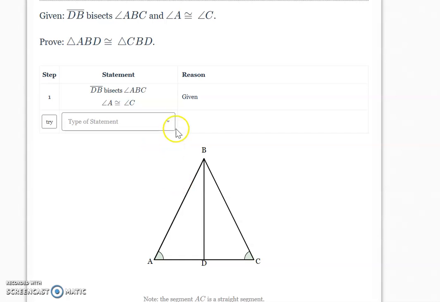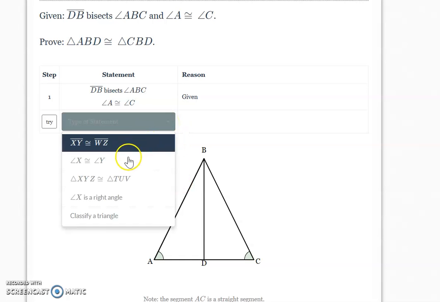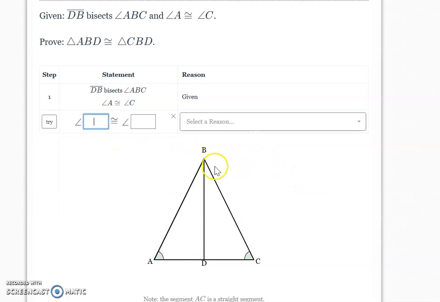So I'm going to start with my angle congruence. I can't just name this angle B because there are three different angles up here: this little one, and then the whole one. So I'm going to call it ABD. ABD is this one right here, and I know that it is congruent to CBD, which is this one right here.